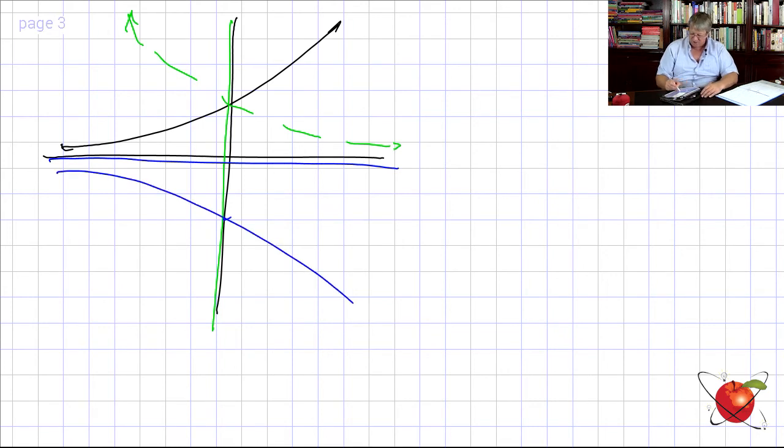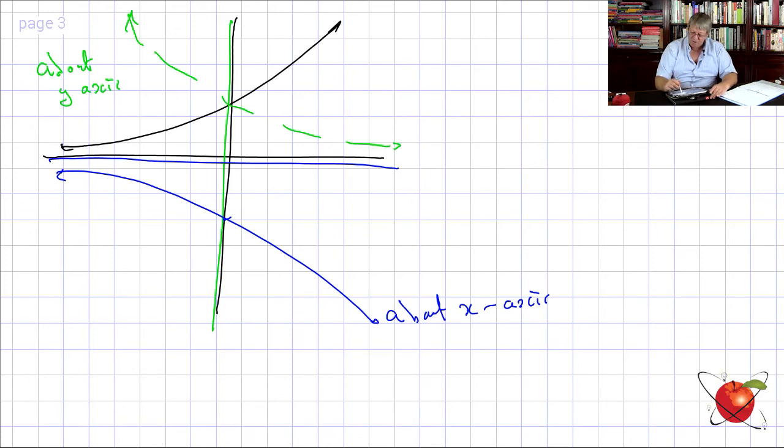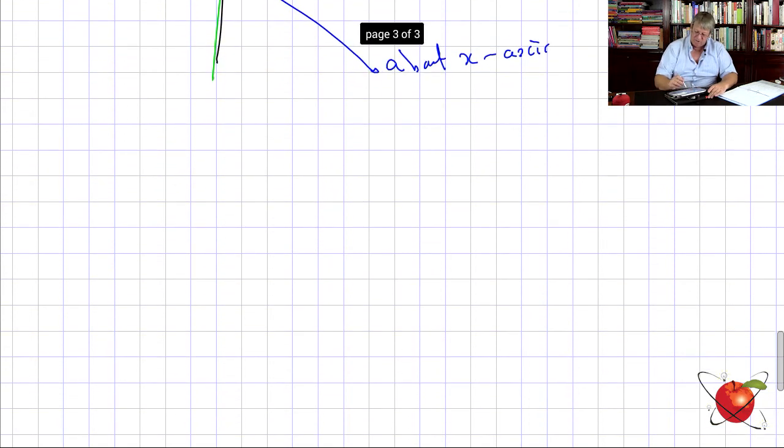These points then just flip like that. All right? Those are about the x-axis, and the green one is about the y. Okay? These really aren't too difficult, okay? They're quite straightforward things to do.